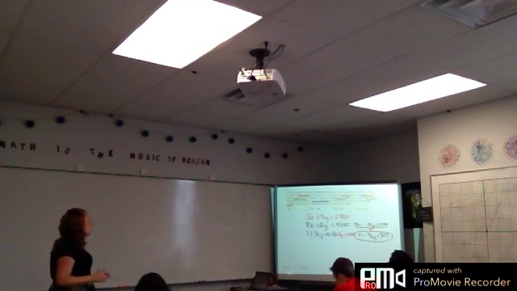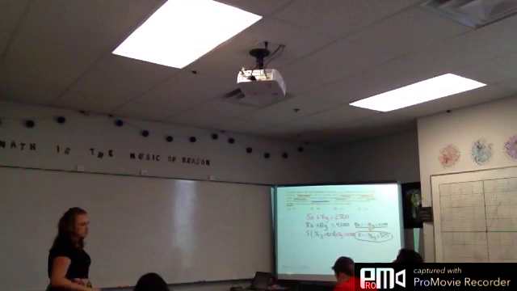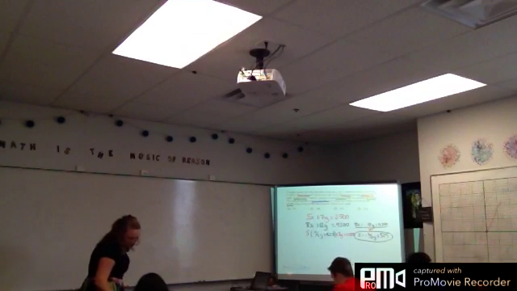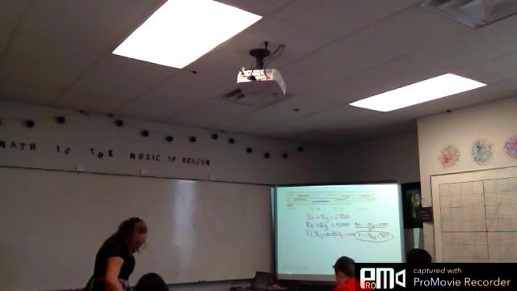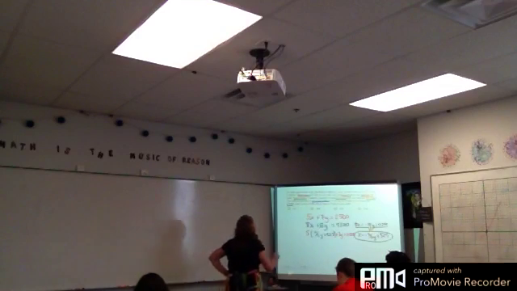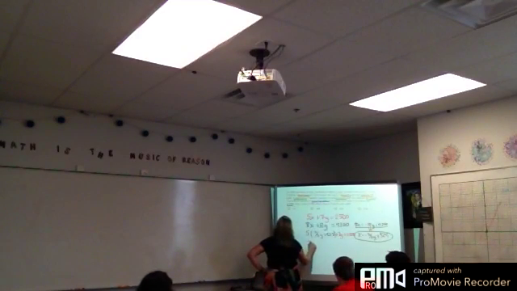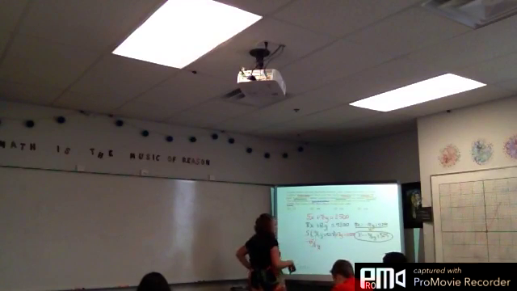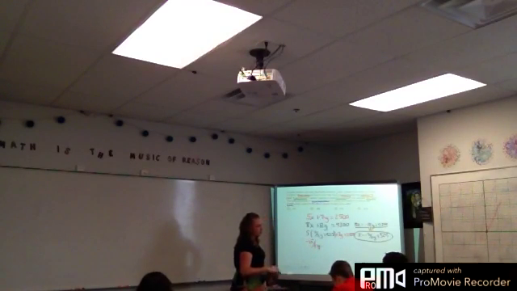Should be negative 15 halves, right? That's what it's going to come out to be, negative 15 halves y. What's 5 times 525?